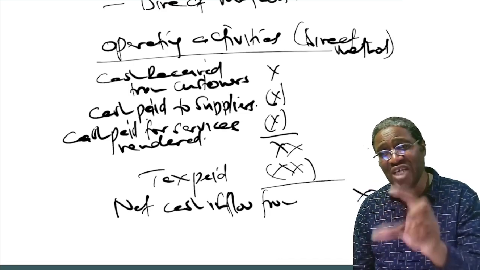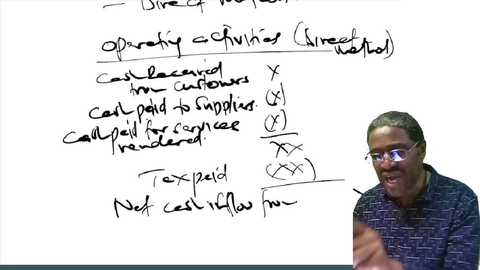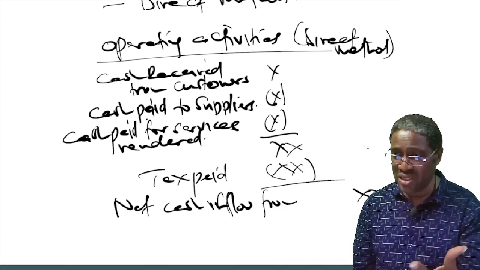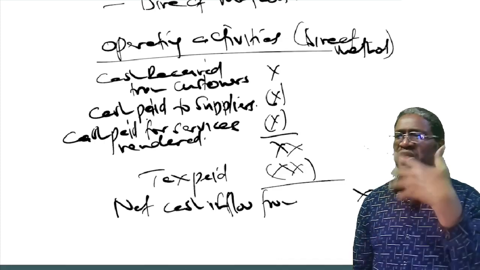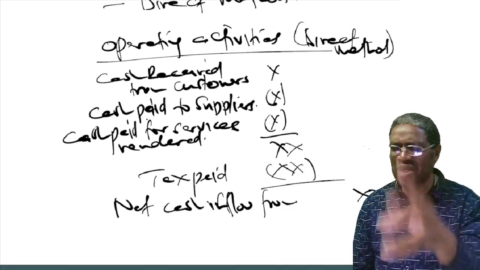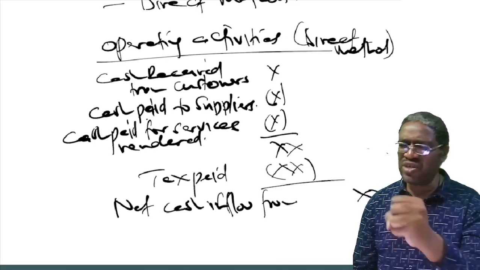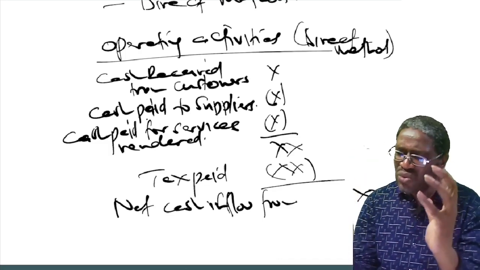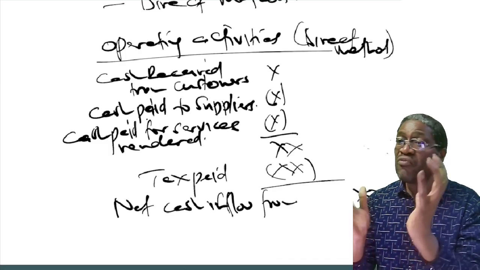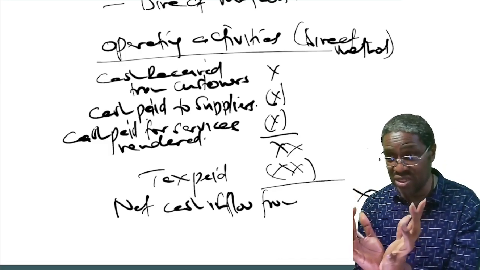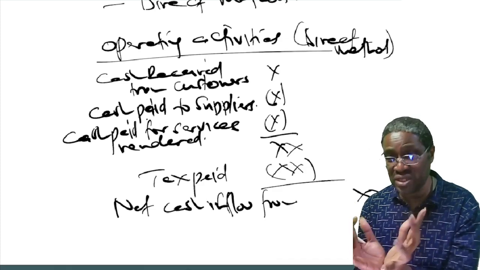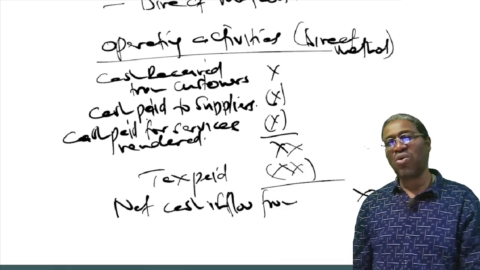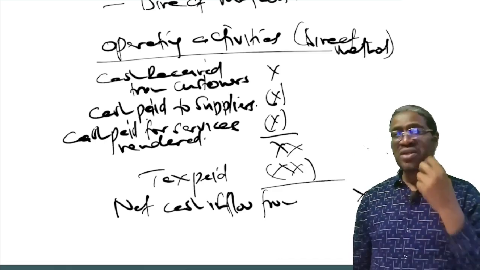That's why we are calling it cash paid for services rendered. Employees gave you a service, you paid them salary. Kenya Power gave you a service, you paid them for electricity. The landlord gave you service, you must have paid him rent. So for all the services that were given to you, in other words, for all your expenses, the cost that you incurred in the running of the business, how much did you pay in total?